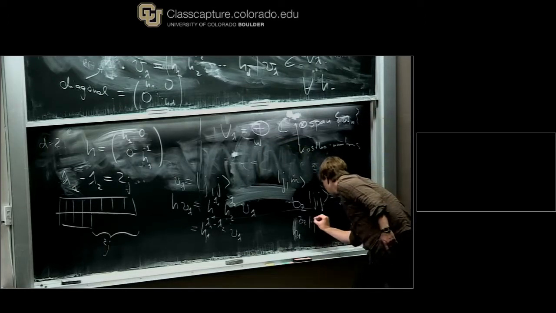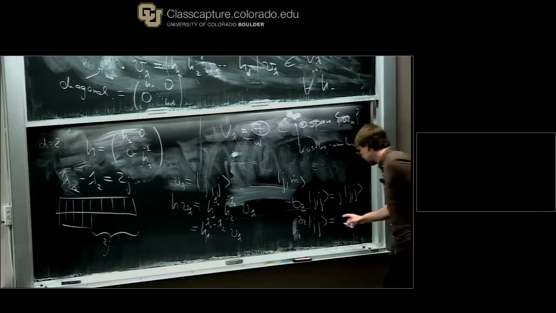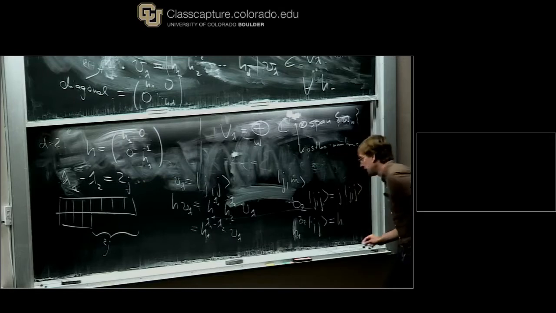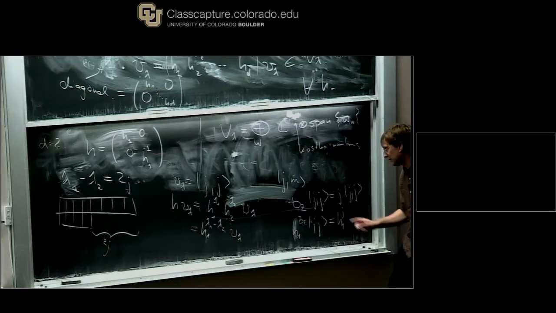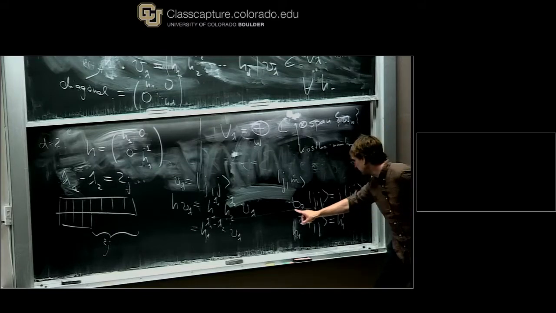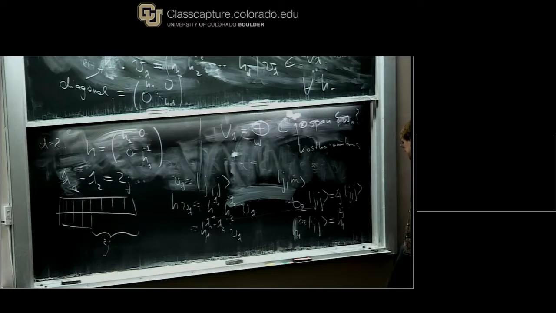And then I act on JJ. This actually means that I get H1 to the J out. And depending on how you normalize this, you should get a 2 here, and then you get here JJ.